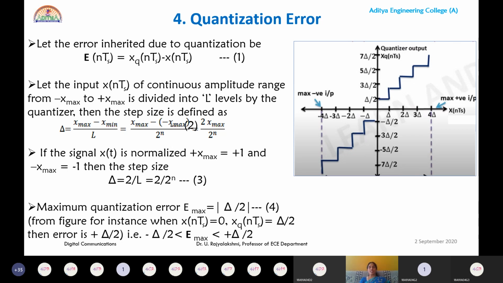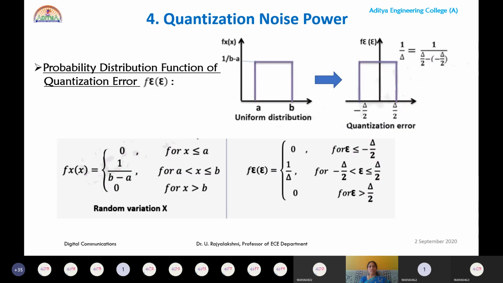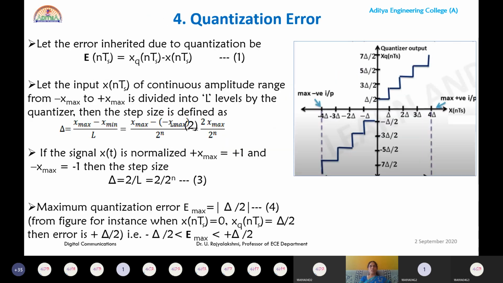Now, how can we define the step size? Step size is defined as the ratio of the total continuous amplitude range, the difference between the maximum and minimum amplitude, to the number of representation levels.